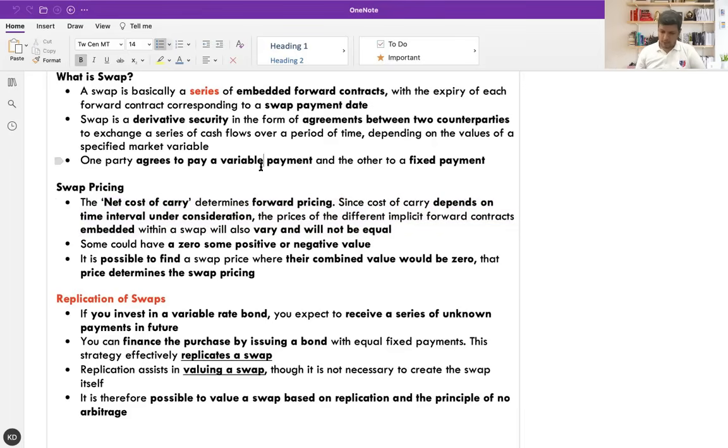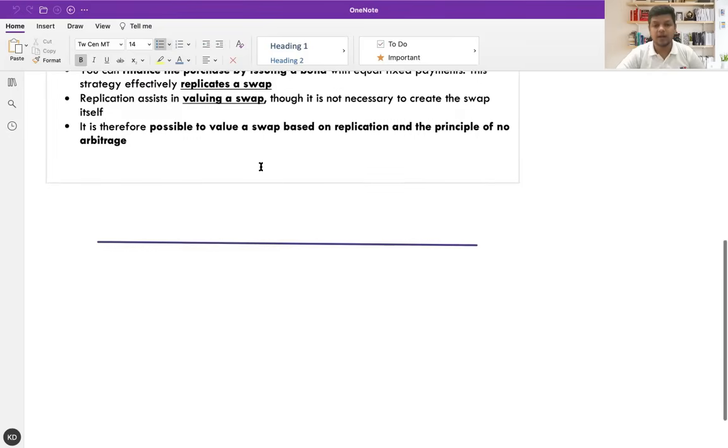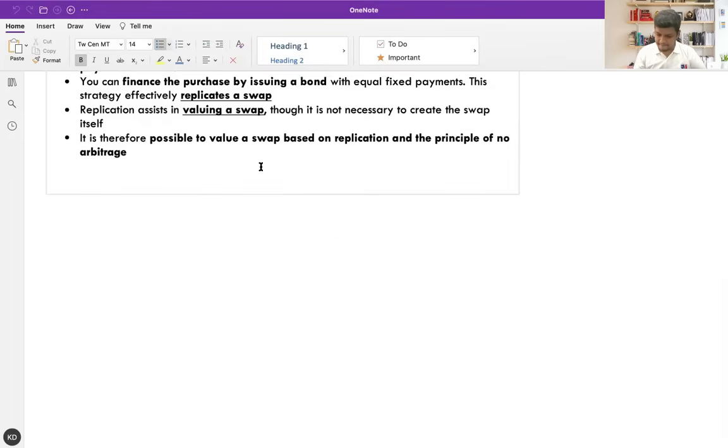In a typical swap, let's say it's a 1-year quarterly swap. Tell me one thing. How many payments are there? 4, right? Let's say 3 months, 6 months, 9 months, and 12 months.